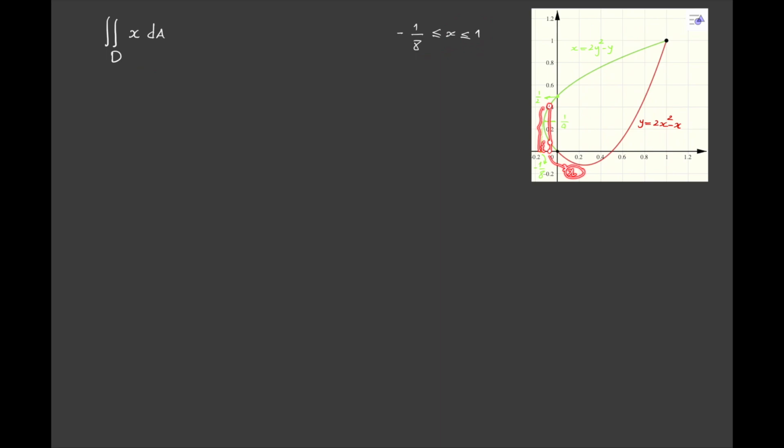You cannot start varying x from -1/8 and have a specific lowest value for y and a specific highest value for y for all choices of x in this interval. It is inevitable. You have to break it down the way that you consider x. For x's from -1/8 up to 0, your choices are on these branches of the green curve, and between 0 and 1, the choices of y are between the red curve and this branch of the green curve.